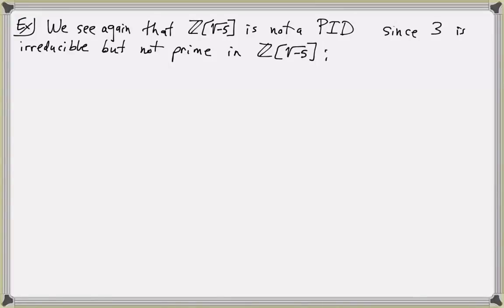So let's show that 3 is irreducible. So suppose I could factor 3 as alpha times beta for some elements in the ring, such that alpha and beta are not units.